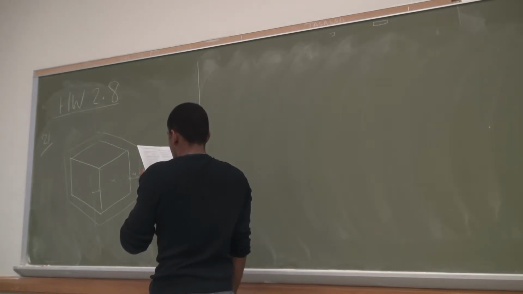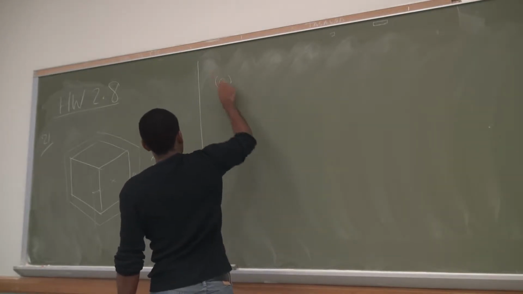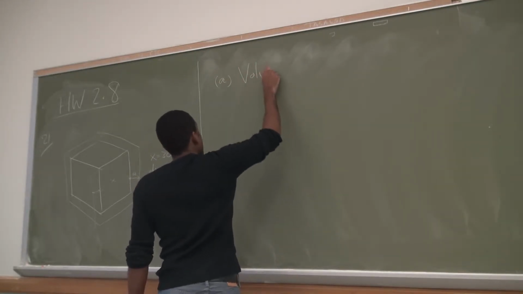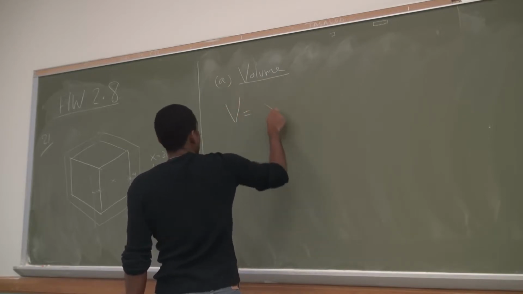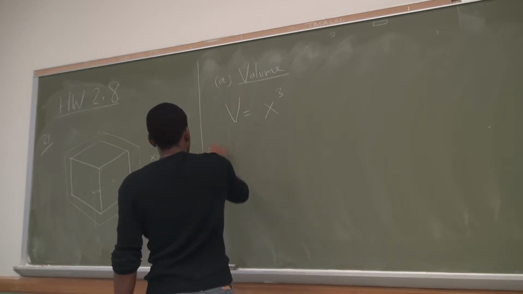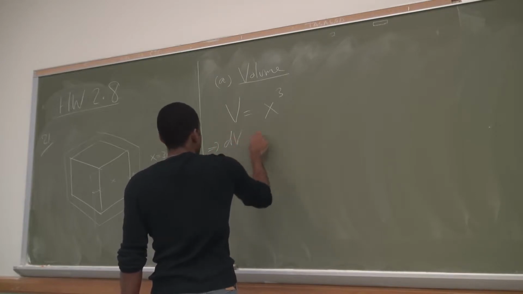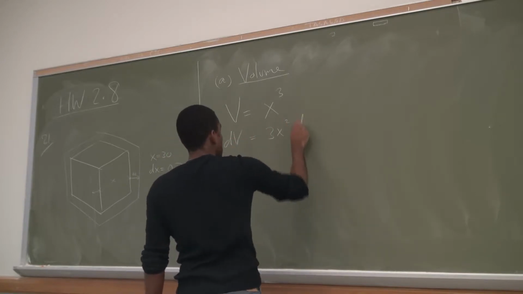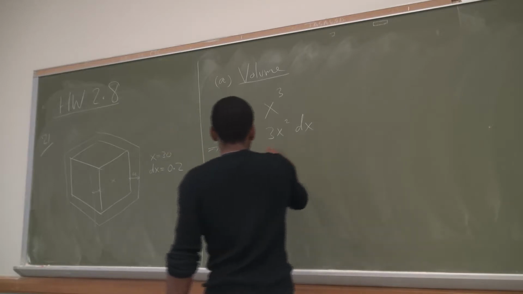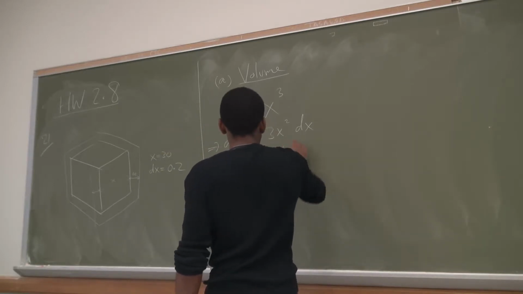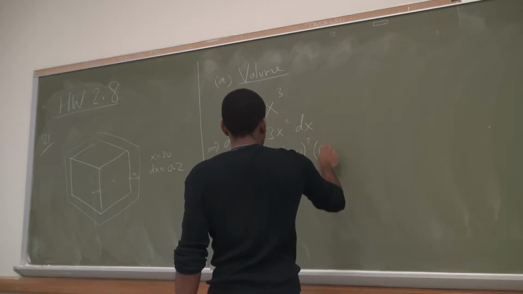Now we want the positive error in computing the volume. So let's look at part A, volume. We know that volume is just x cubed. This means that dV is equal to 3x squared dx. This means that the change in volume is equal to 3 times 30 squared times 0.2.